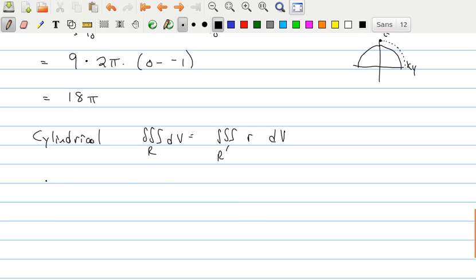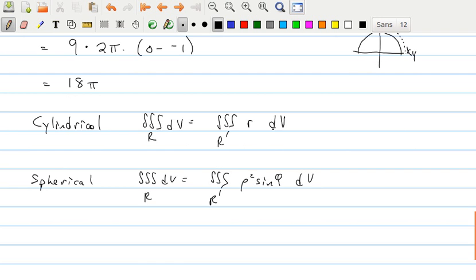Okay, and now when we look at spherical coordinates, we're going to take our triple integral. We're going to rewrite its limits in terms of rho, theta, and phi. And our integrating factor here is rho squared sine phi. And this will give us our transformation into polar coordinates for triple integrals.